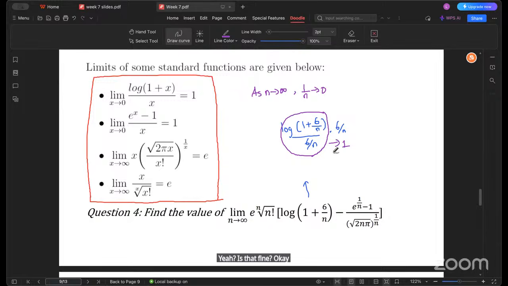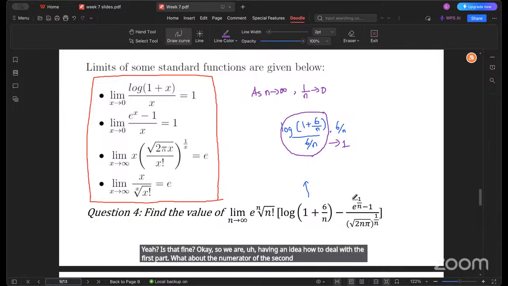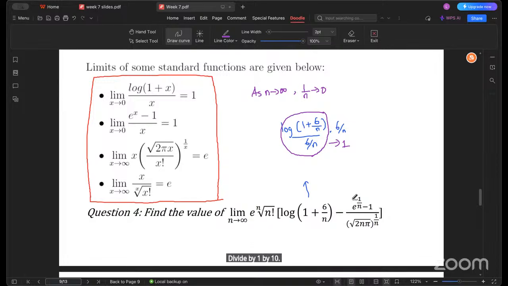Okay, so we have an idea how to deal with the first part. What about the numerator of the second part? Ma'am, we can multiply and divide by 1 by n. Exactly. We can multiply and divide by 1 by n. So e power 1 by n minus 1, divided by 1 by n. So in the numerator, you are having 1 by n.